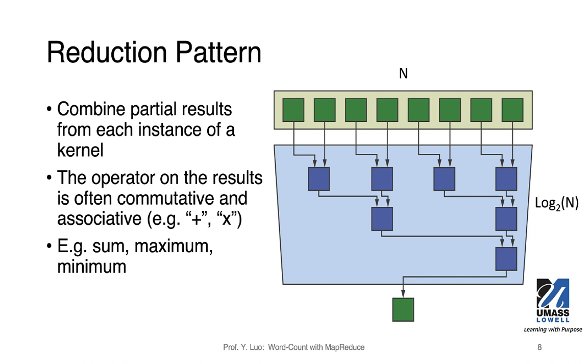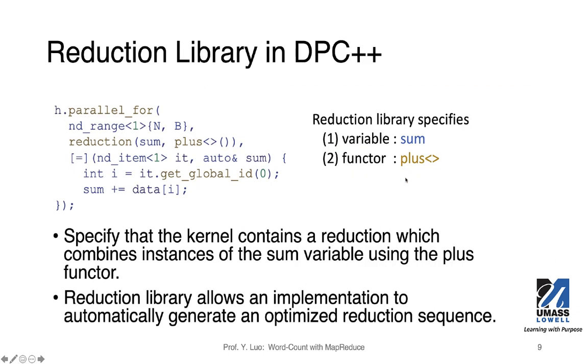So what we see here is that these reduction operations are basically the same, although the inputs will be different at each stage. And that's how the SYCL language came up with this reduction library to make this reduction kernel design simpler and try to avoid any errors that may occur if a person needs to implement such a reduction phase manually.